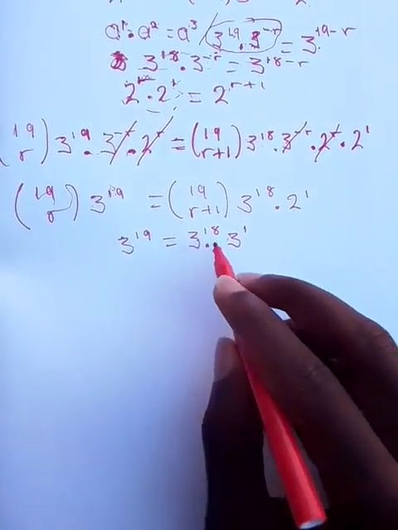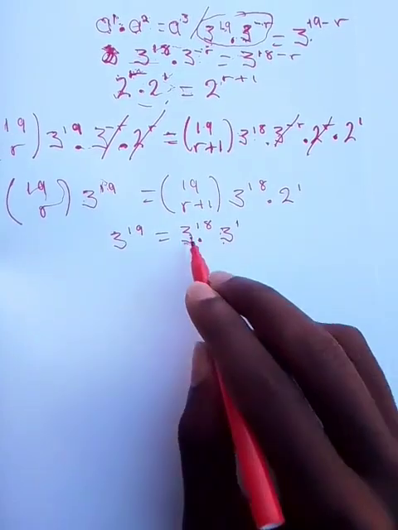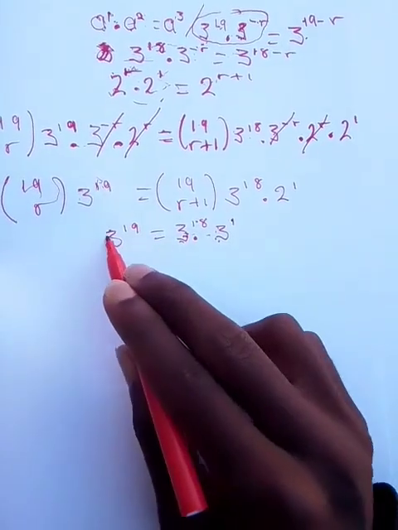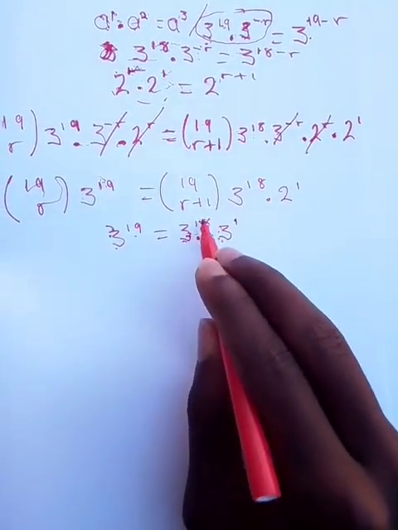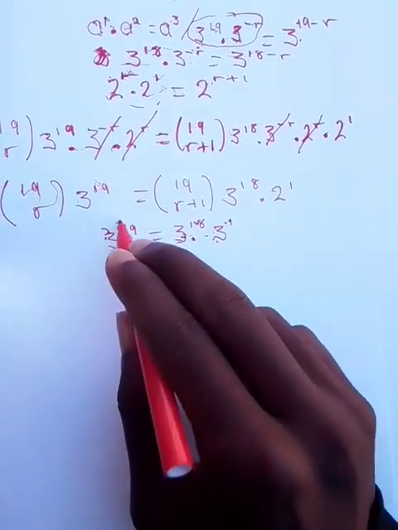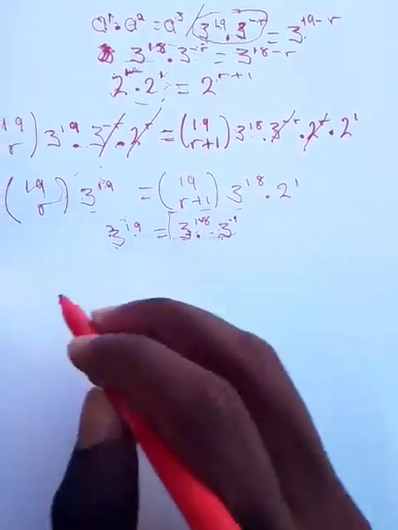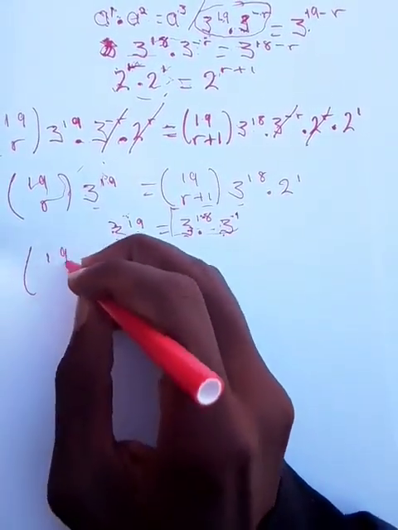Do you remember that when the same bases are multiplying, we add the exponents? So I write a single base, and 18 plus 1 brings me back here, right? So wherever I have this, I can also replace it with this. So we say 19r.